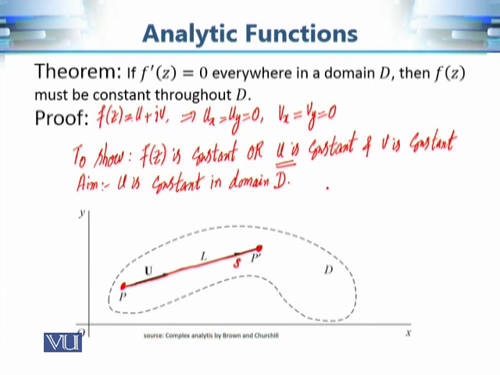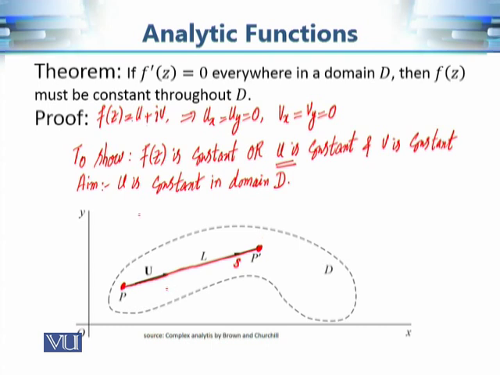So if we restrict this function u on this line segment, and if we are able to show that the restricted function has derivative equal to 0, then it means that the function u does not vary on this line.